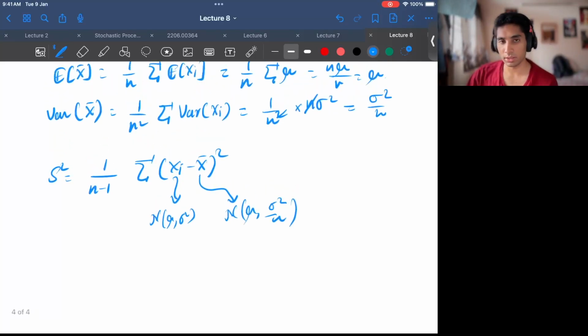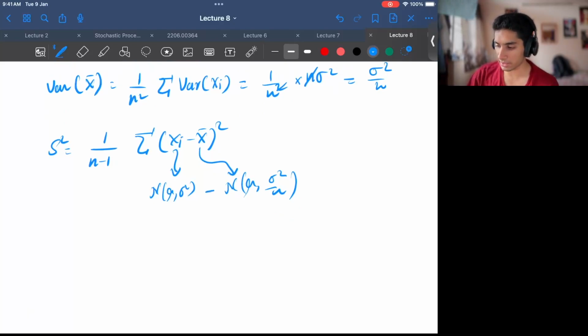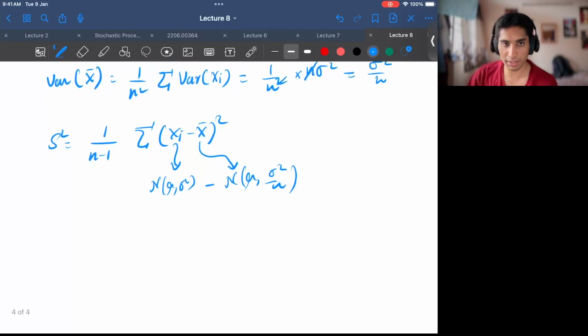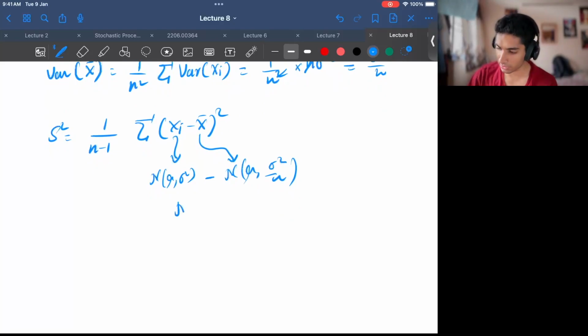Okay. So if you subtract these two, then again the new random variable will be a normal random variable with mean. What will be the mean? You can look at this and say that the mean will be 0. And what will be the sigma? The sigma square, you will have to be a bit careful, but yeah.